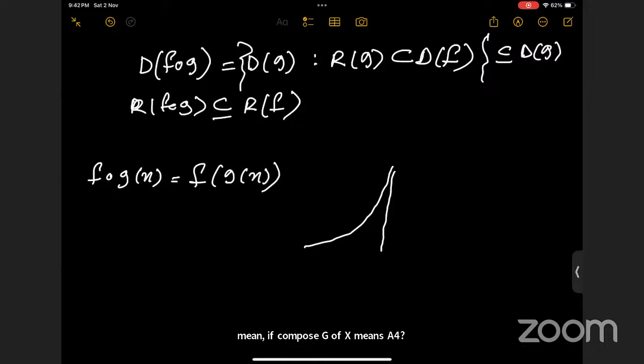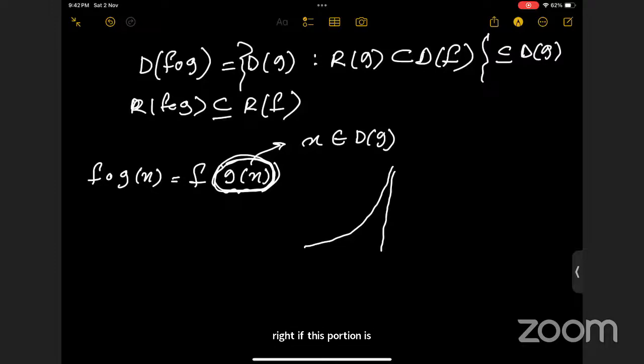So basically, this portion, g of x, should be defined first. If this portion is defined, that means x belongs to the domain of g. Otherwise, it will not be defined.